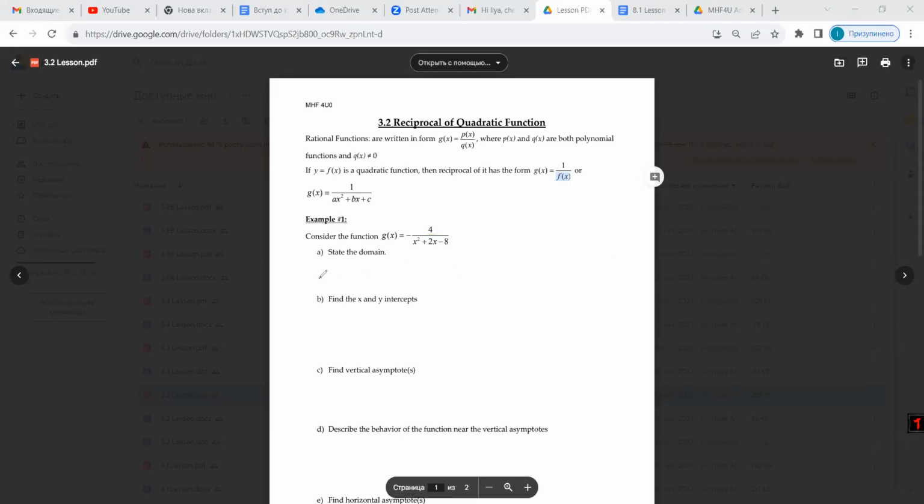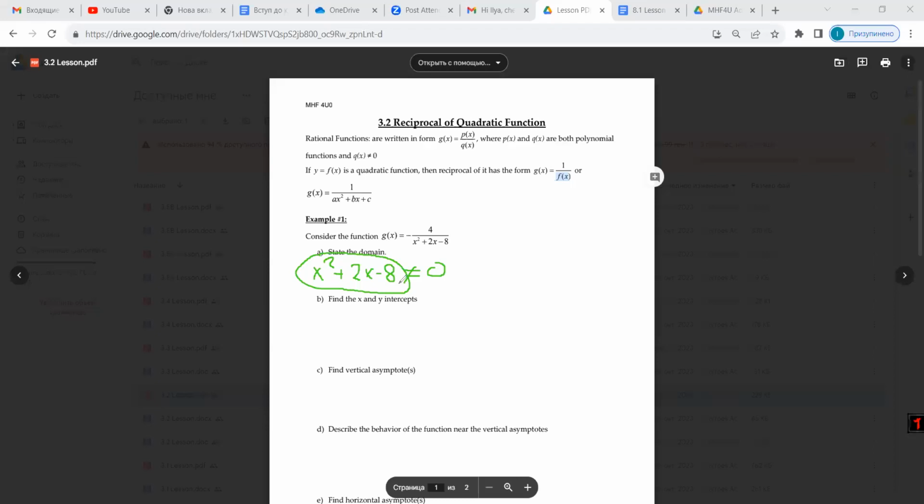So we say that x squared plus 2x minus 8 does not equal 0. So in order to find the limitations on the domain, we have to find when the denominator equals 0.